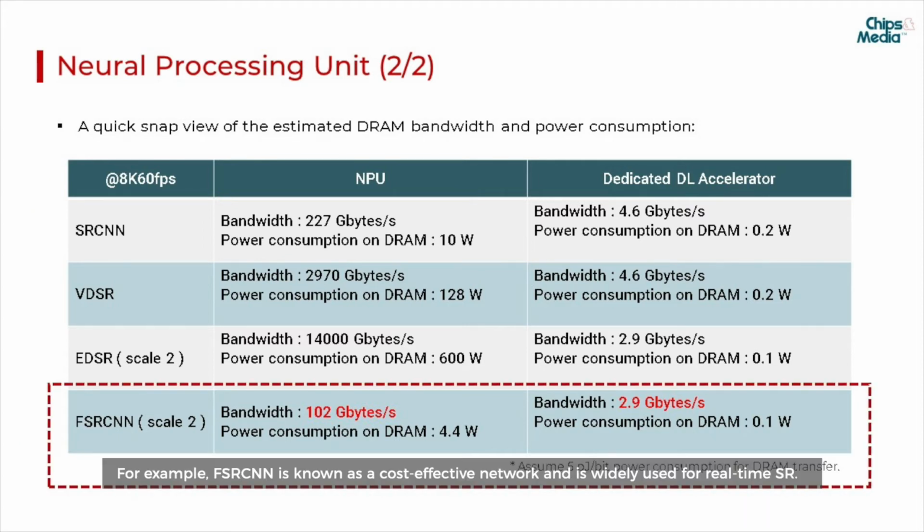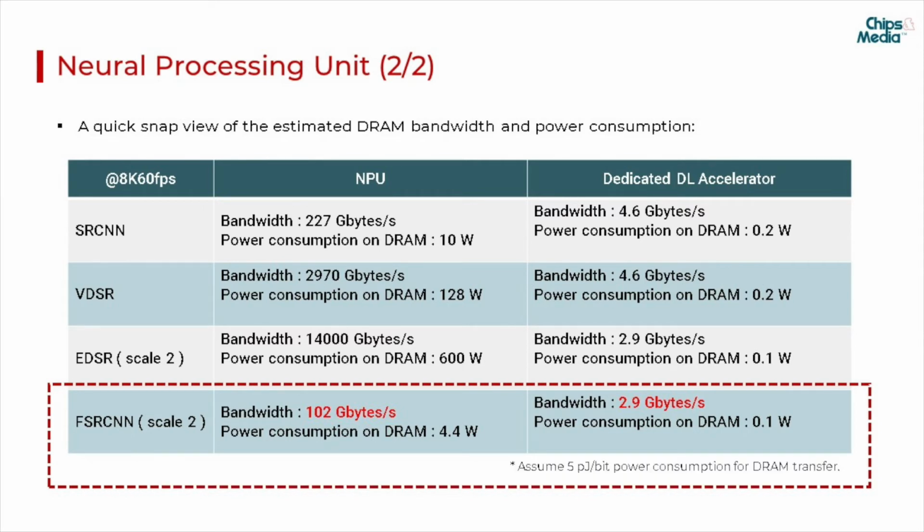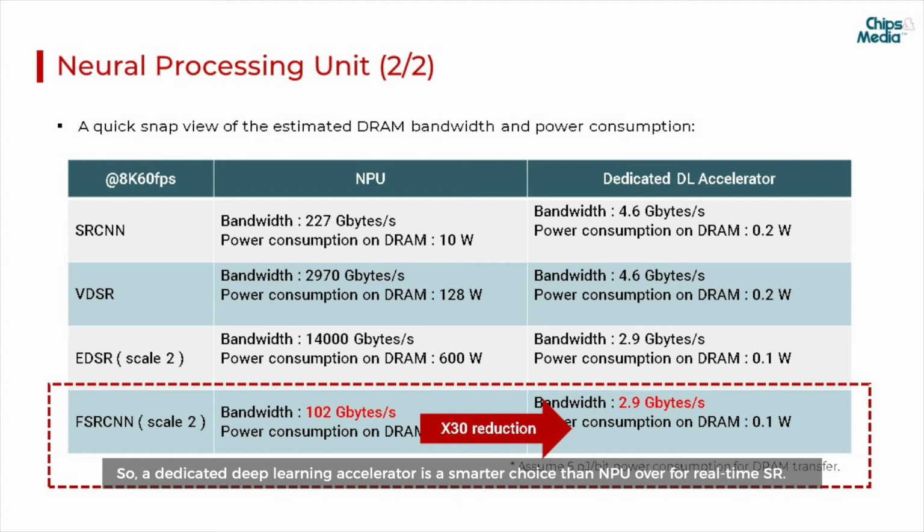For example, FSR-CNN is known as a cost-effective network and is widely used for real-time SR. Even FSR-CNN implemented on NPU also consumes extreme bandwidth and power consumption that the system cannot handle. So dedicated deep learning accelerator is a smarter choice than NPU for real-time SR.